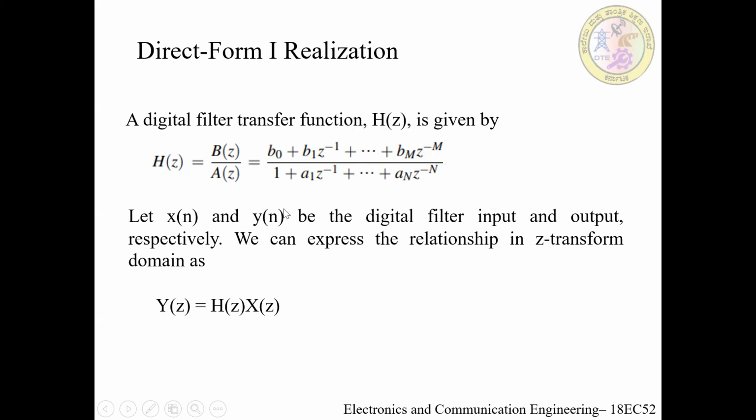So if we solve for y of n, we obtain minus summation of k varying from 1 to N, ak into y of n minus k, plus summation k varying from 0 to M, bk into x of n minus k.